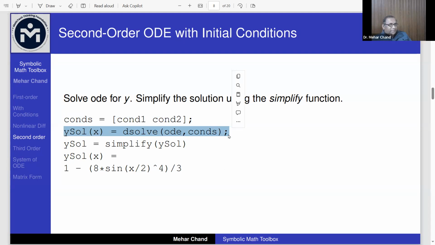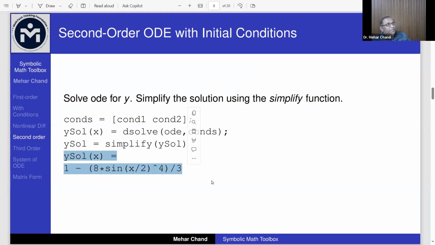You can observe: y solve is equal to dsolve(ODE, conditions), and then you will use the simplify function also: ysolve = simplify(y(x)). When you execute this statement, you will have the solution for the above second order differential equation.